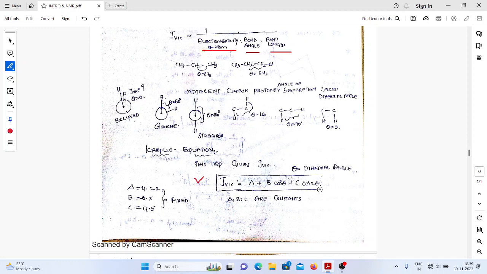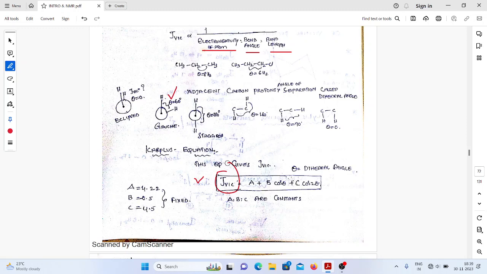In conformational isomerism, we have the concept of conformers. There we are going to use the dihedral angle theta. Based on the dihedral angle, we are going to get different values. In the vicinal case we have the eclipsed form, gauche form, staggered form and anti form.